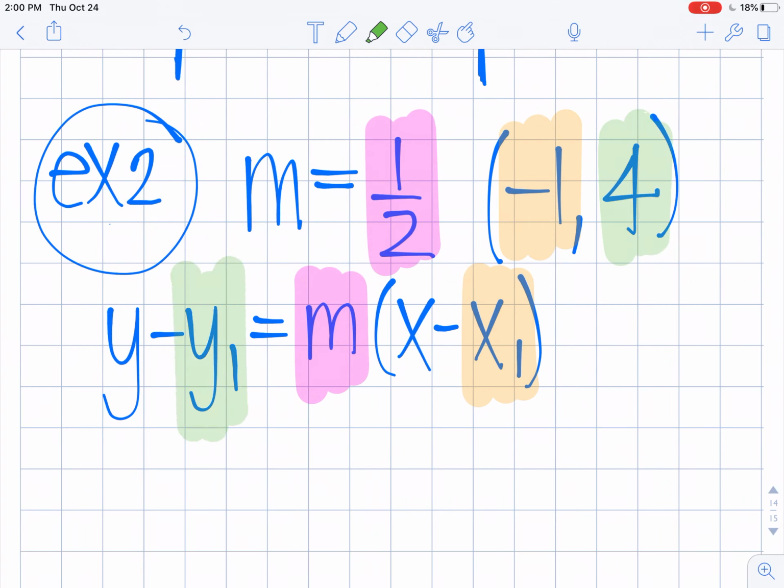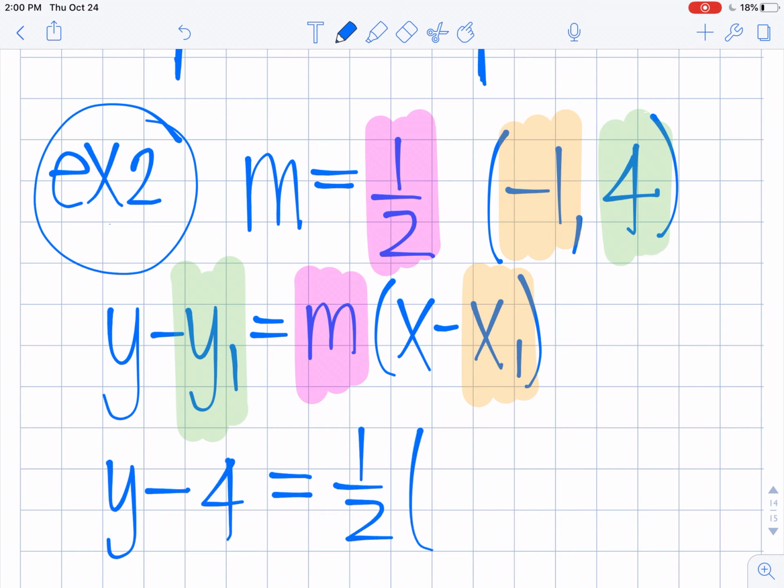So I'm going to plug in my numbers exactly where my equation is. It's going to look like this: y minus my y1, which is 4, equals my m, which is 1/2, times x minus, and the number I'm plugging in here is a -1. I'm plugging it in using parentheses so that I understand that it is a negative number and it doesn't just look like subtraction.